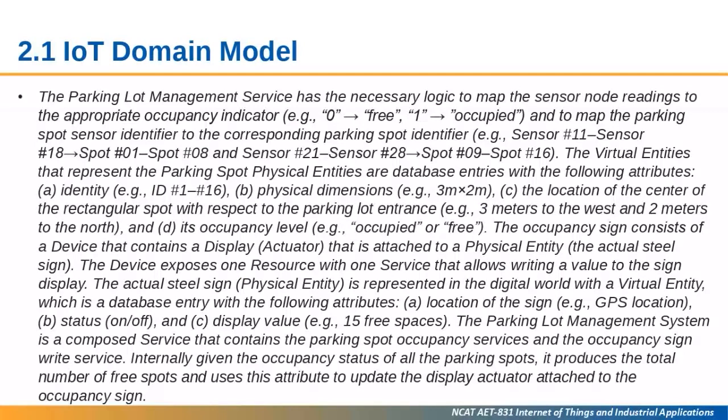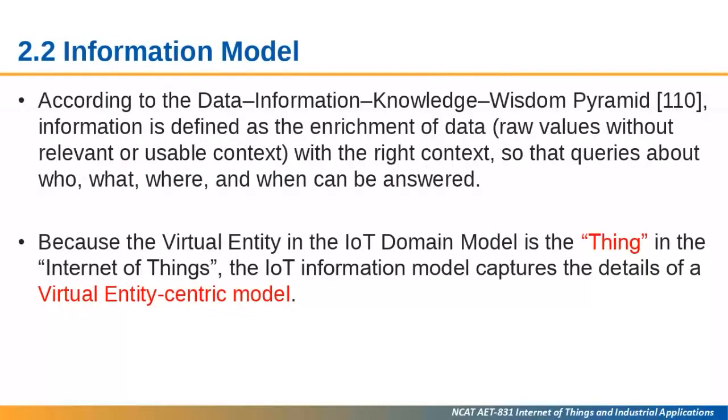And then, as mentioned, there is a lot of information there, right? That's why we also need an information model to further describe the situation. The virtual entity in the domain model is the thing in the Internet of Things. So the IoT information model captures the details of the virtual-entity-centric model.